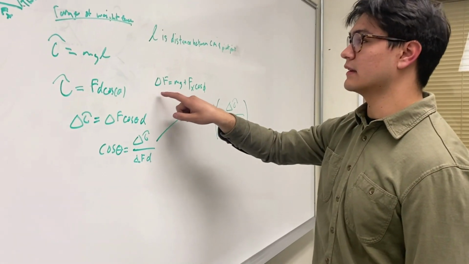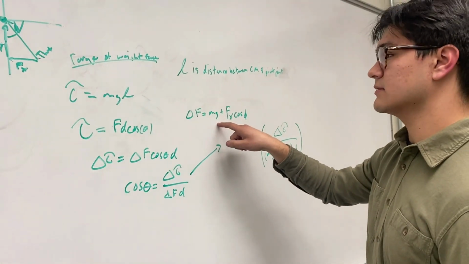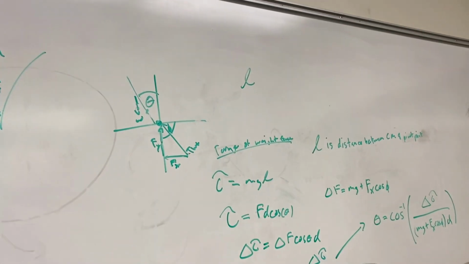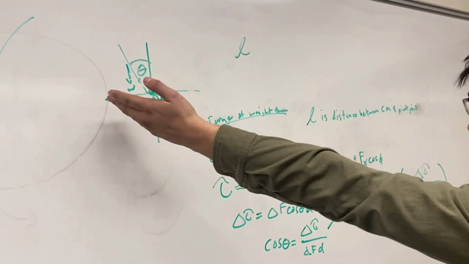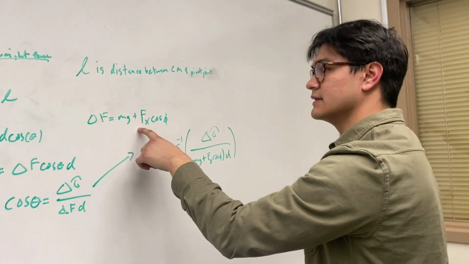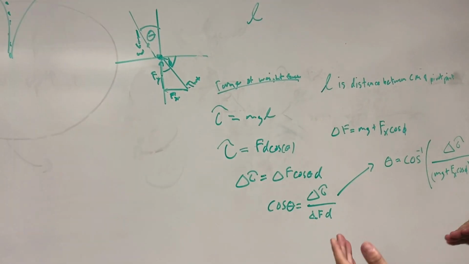Then we can analyze the net force, which is going to be mg. We established earlier that this is the weight force going down. It would be applied at the center of mass, so it's not represented to scale there. We would add that to the X component of the thrust, because that's what is causing the torque.